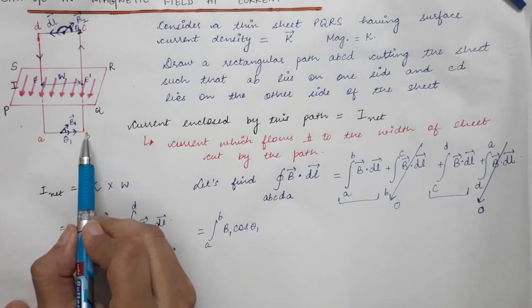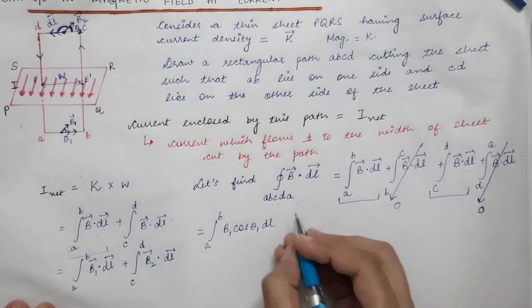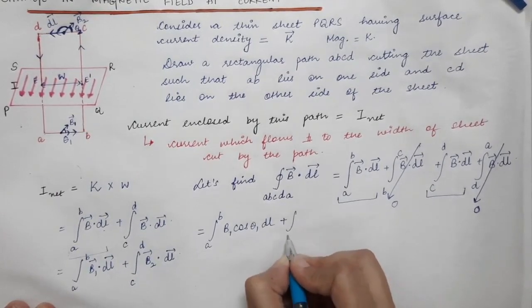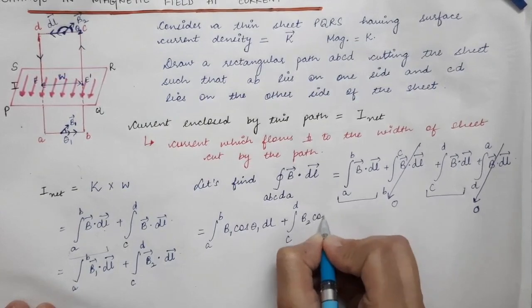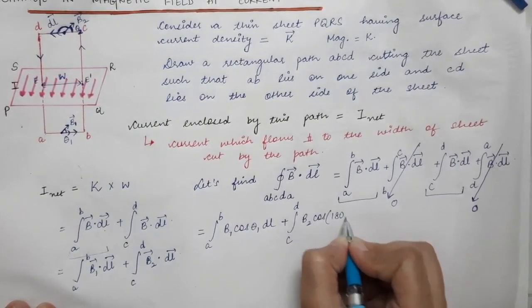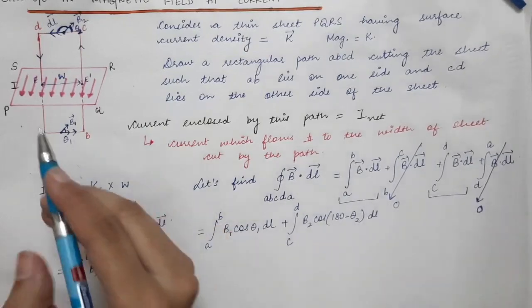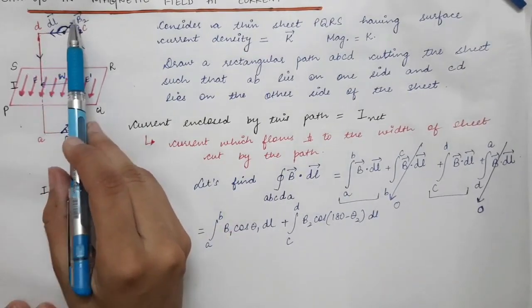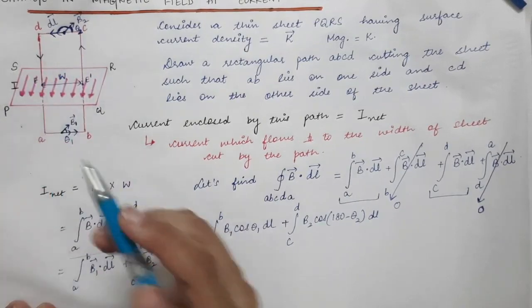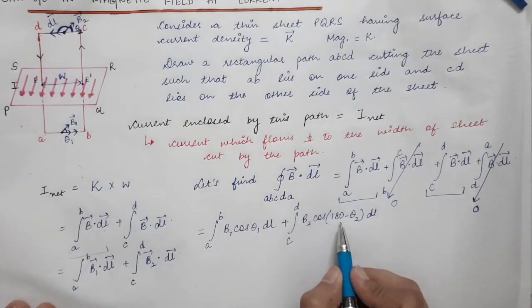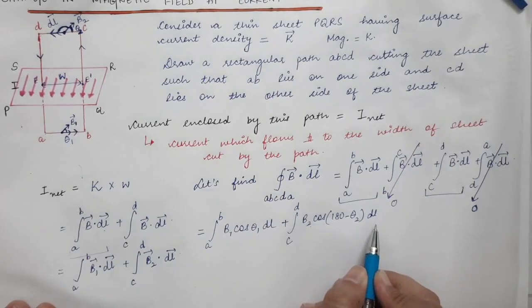That is how we solve the dot product. So you get b1 cos theta 1 into dl, and the second term will be b2 cos of 180 minus theta 2 into dl, because 180 minus theta 2 is the angle between b2 and dl on this segment CD.